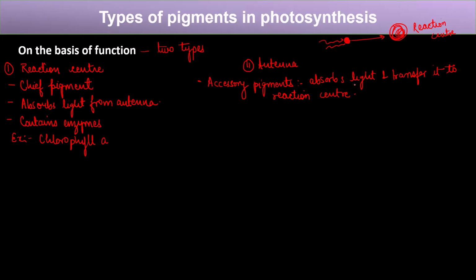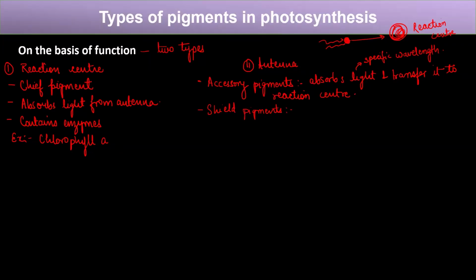Now, the light that it absorbs is of a specific wavelength. It's not like it can absorb light of any wavelength. The light that this antenna absorbs is of a specific, or you can say fixed, wavelength. Now, these antenna pigments are also known as shield pigments. Why are these known as shield pigments?